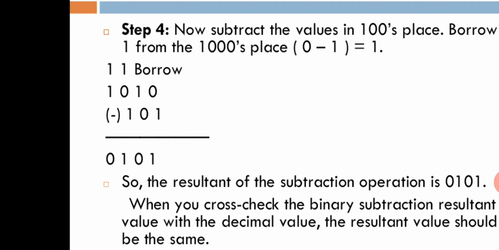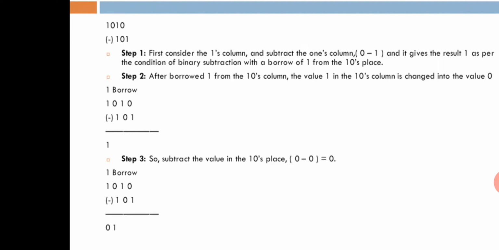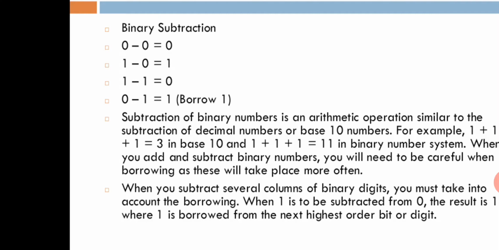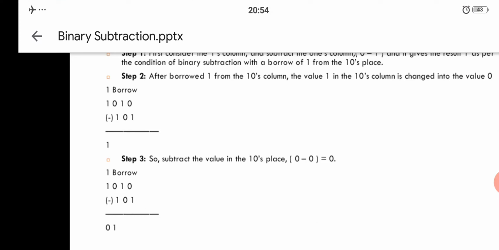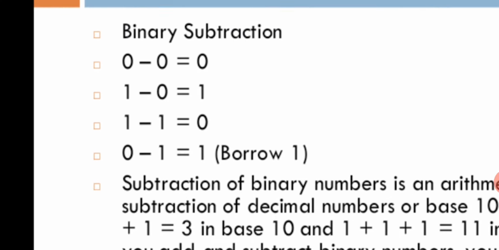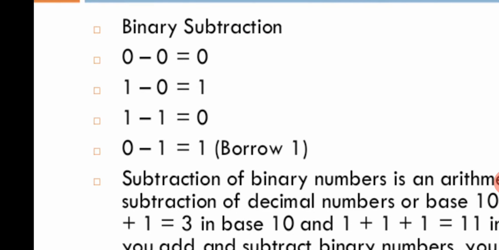Now let me say again, if you are having any doubt. So see, you have to remember this part. 0 minus 0 is 0, 1 minus 0 is 1, 1 minus 1 is 0, and 0 minus 1 is 1 with the borrow. You are going to bring one more value from left hand side.